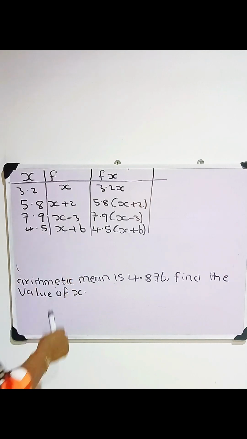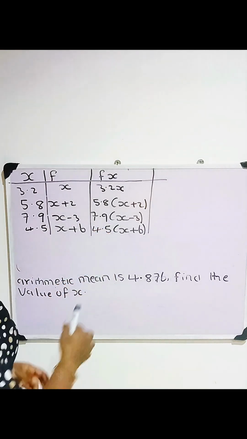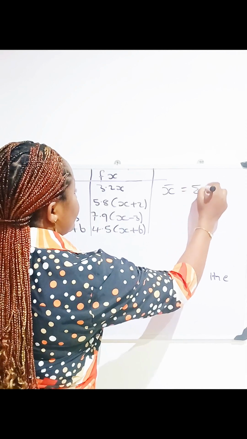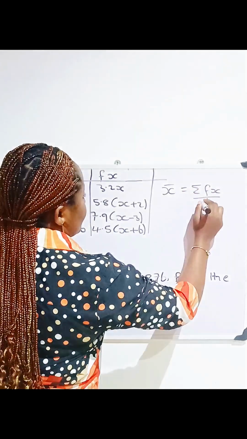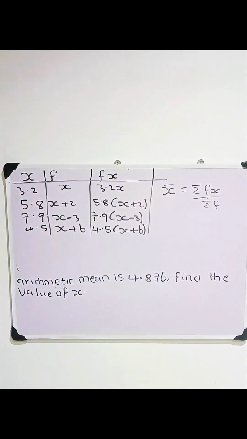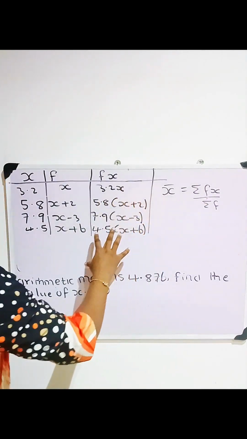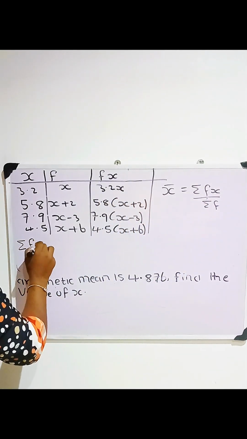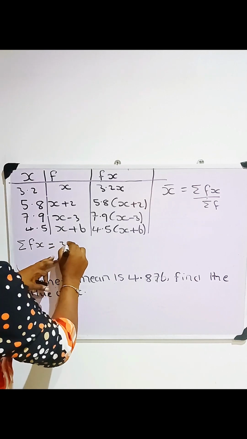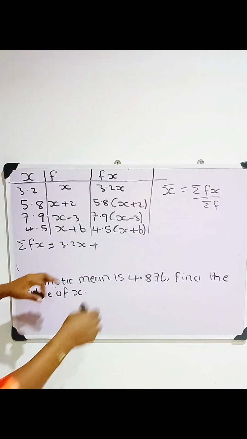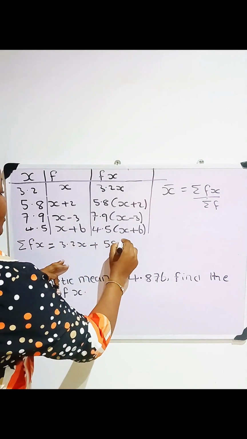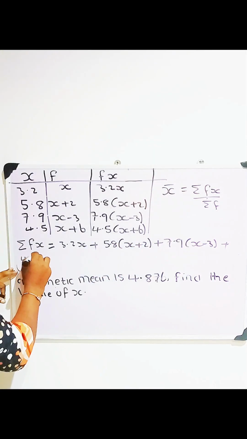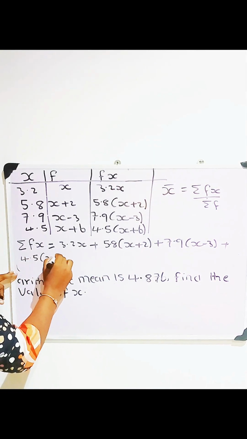At this point we go back to our formula. Remember, the mean is equal to the sum of fx over the sum of f. So we want to take the sum of fx over the sum of f. Our sum of fx will be equal to 3.2x plus 5.8 into x plus 2 plus 4.5 into x plus 6.